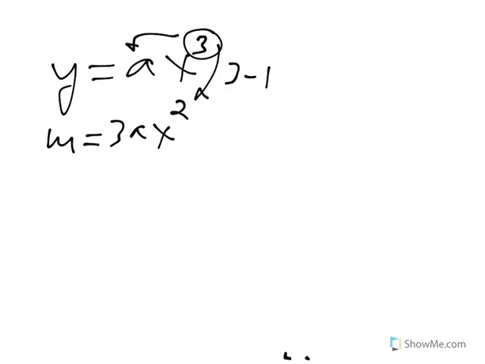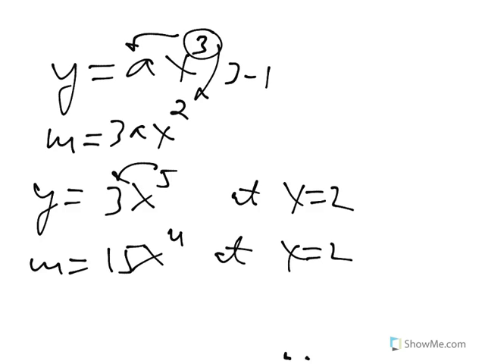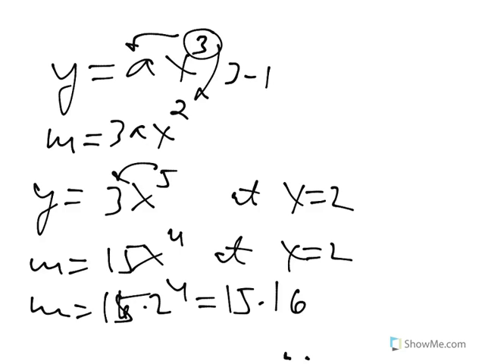So, for example, 3x to the 5th power at x equals 2. The slope would be 15, that's 5 times 3, x to the 4th. At x equals 2, you plug 2 in, m equals 15 times 2 to the 4th, which is 15 times 16, which is about 240, which is a very steep slope.